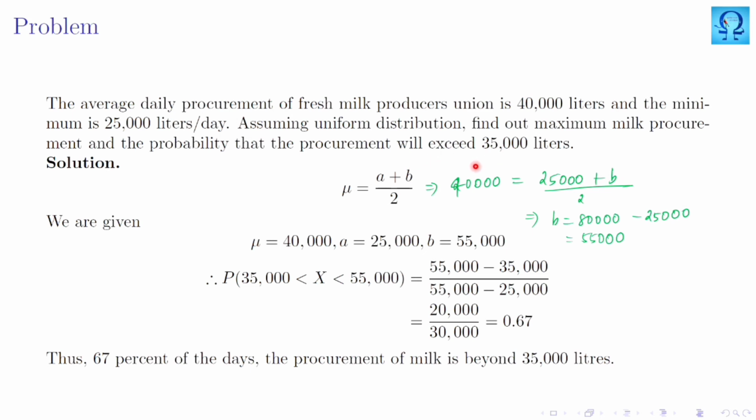Now we are asked to find the probability that it exceeds 35,000. From 35,000 up to some value we have to find, whereas a uniform distribution is defined in some finite interval.